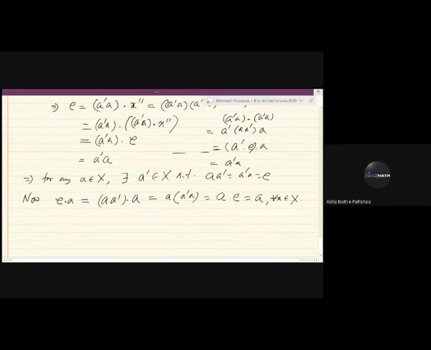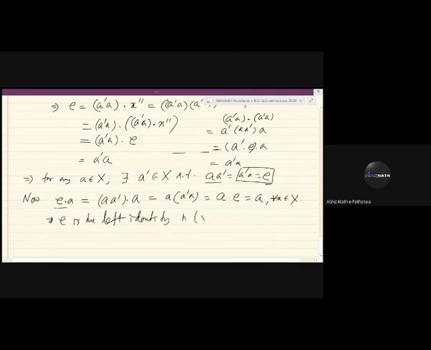So hence, while proving that e is the left identity, you have proved two things. First, a dashed satisfies the property that a dashed a is e. And secondly, using that fact, you have proved that e is the left identity.